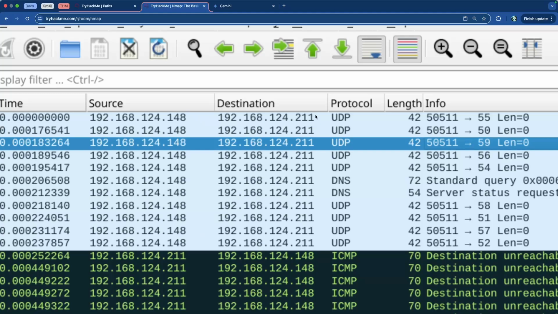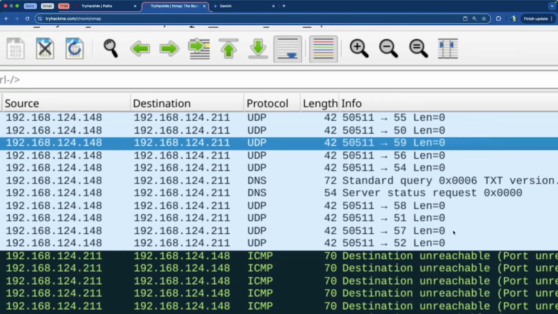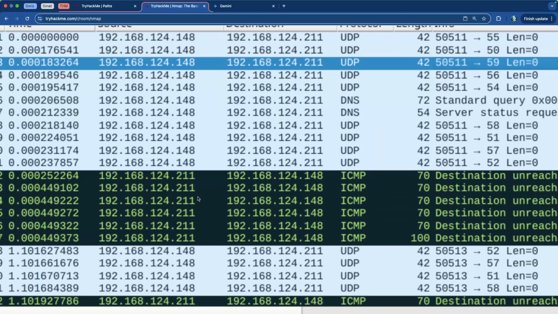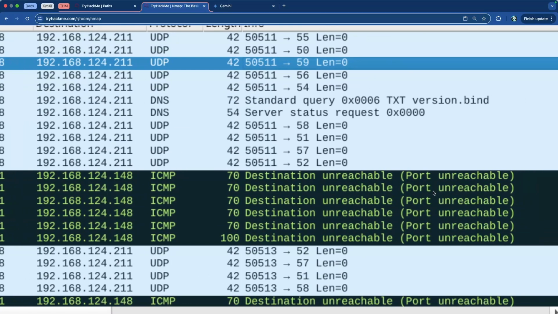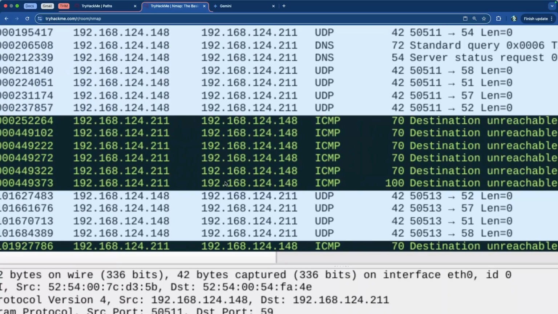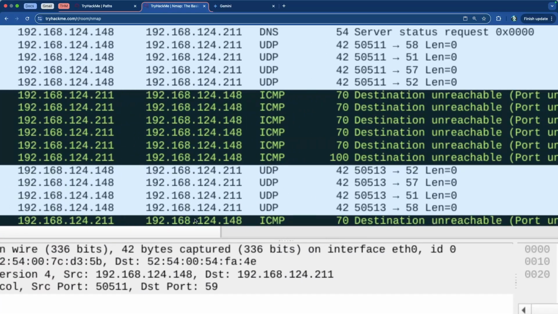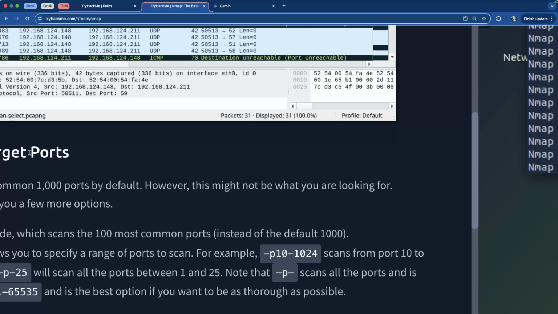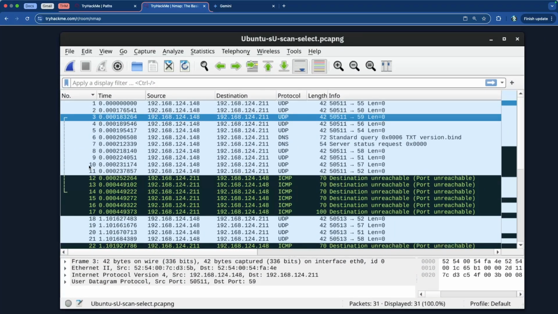It's all going from 148 to 211, and we're trying to connect to a variety of different ports, and all of the responses that we get from 211 to 148 saying destination unreachable, port unreachable, are the closed ports. They're not available, right? And the same thing with this final response at the bottom right here as well. So these are closed ports that we're getting with the UDP scan that we're running.